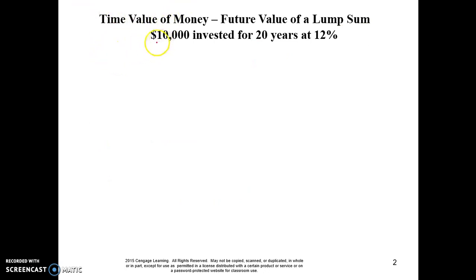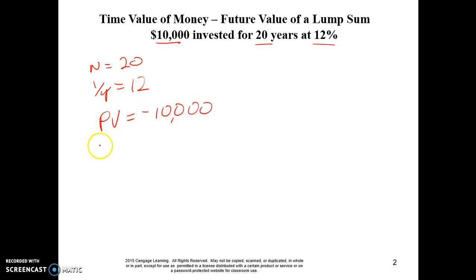So we've got $10,000 invested for 20 years at 12%. N is just 20, so 20 N. I/Y is 12. PV is simply the $10,000, that's a negative. Payment again is 0.